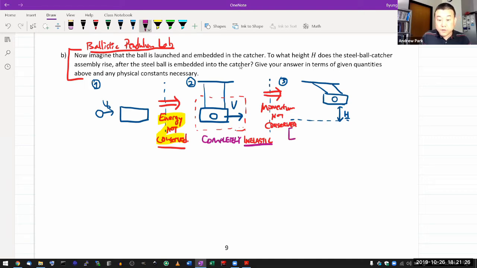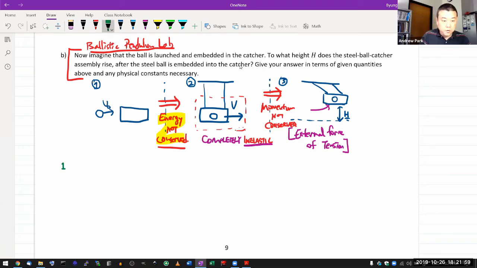And the reason here has to do with there's an external force of tension that imparts impulse to the catcher assembly, and over the duration of time, as this swings up, momentum is simply not conserved. So that's the most important thing that you have to recognize. And once you've done that, then the rest is easier. It's an application of conservation law strategy.